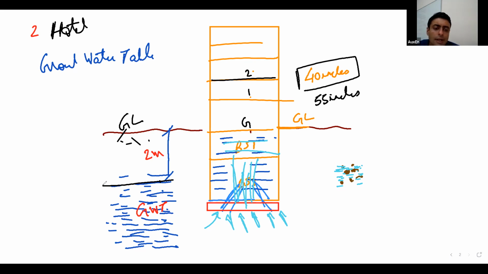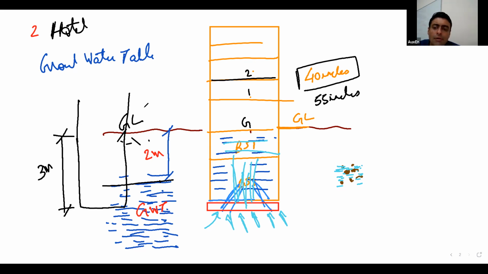Now, if you are going to construct anything in this region, let us say this structure, I'm just giving you an example, is 3 meters below your ground level, and your groundwater table was 2 meters below the ground level. So how much depth of water is your structure displacing?